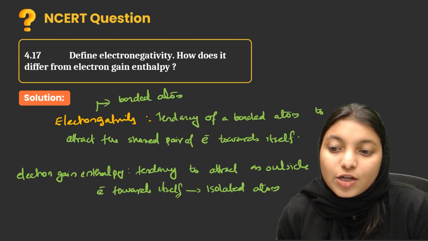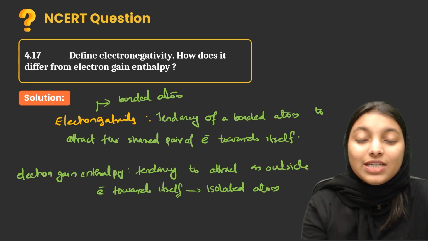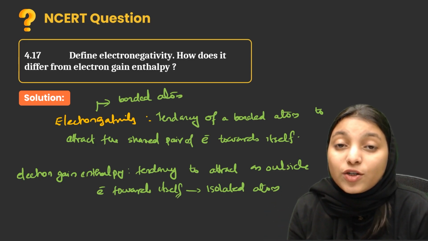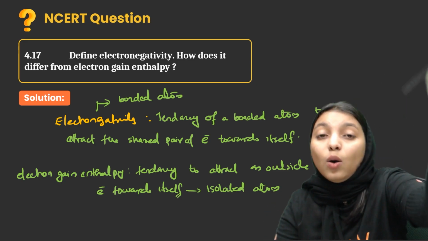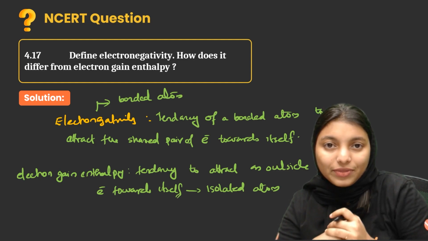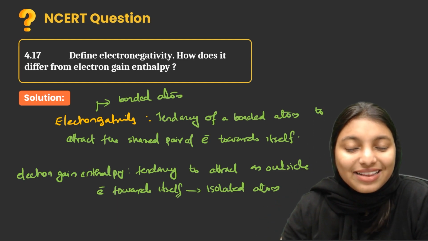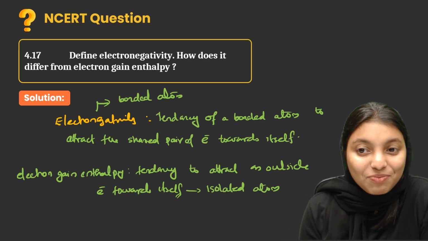That is the major difference between them. In electronegativity, the atom attracts the shared pair of electrons towards itself. In electron gain enthalpy, it attracts another outside electron towards itself. I hope you understood the difference between electronegativity and electron gain enthalpy. If you have any doubt, please let me know.